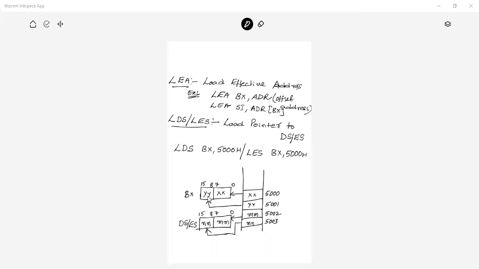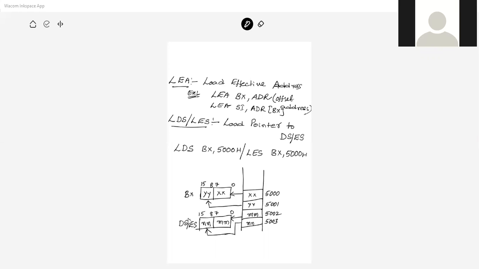So we copy the 16-bit number into the BX register with the help of this instruction. In this instruction, one is copying the value into the BX, that may be an offset address or some other normal value, and copying the base address into the base register.